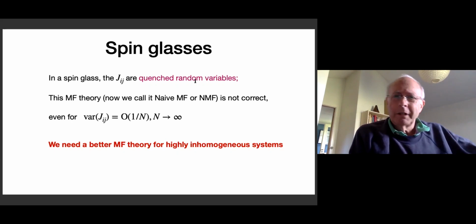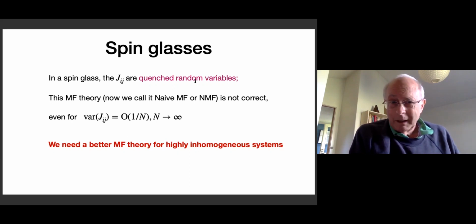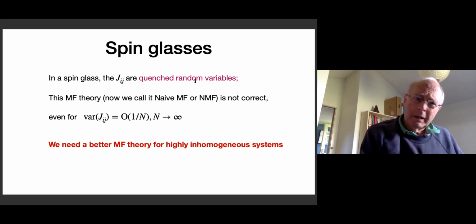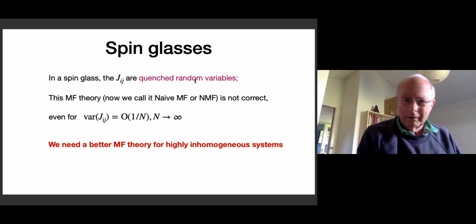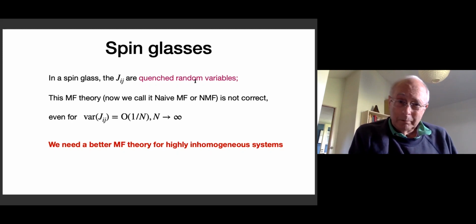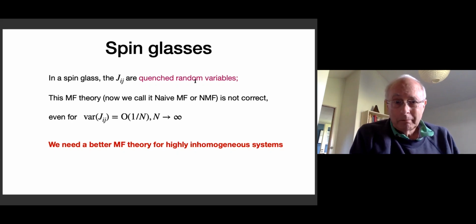And each one of these samples has its own thermodynamics. Each one, you could try and do mean field theory, solve those n equations. But on the average, for certain quantities like the energy, it doesn't matter which sample you're looking at.